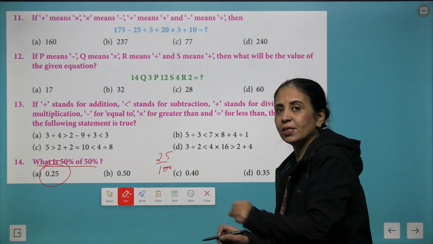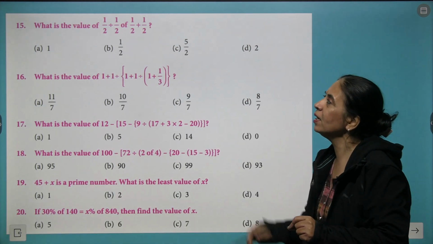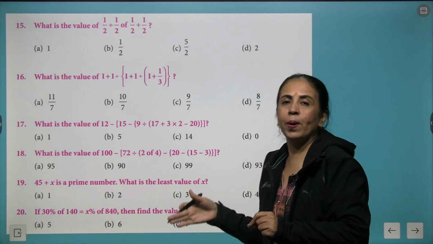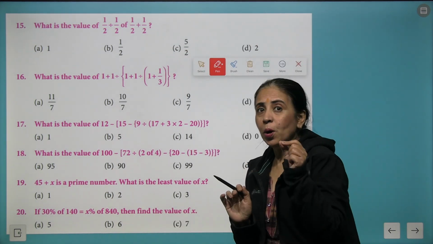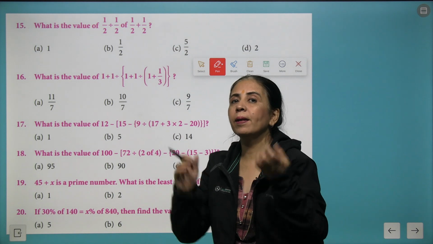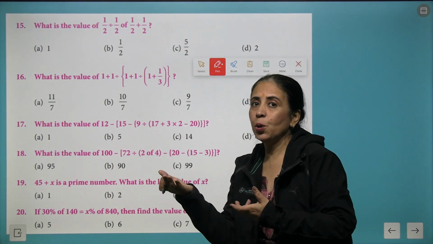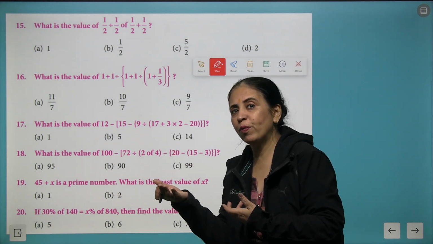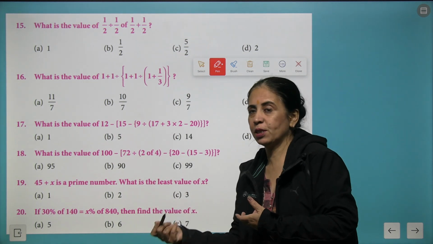Am I right? It turns to 0.25. Interesting question. We will be doing more questions based on the laws of BODMAS. And a very important thing: when multiplication and division come together and you are confused which operation to perform first, always start from the left side of the given expression.